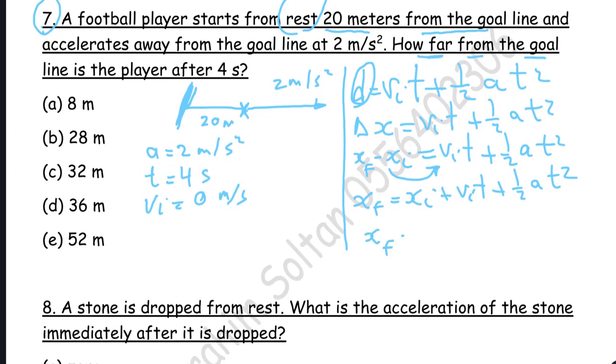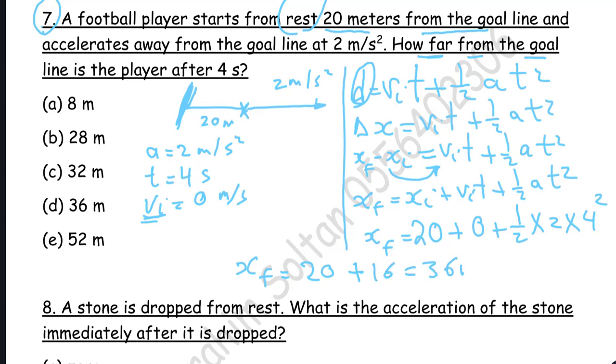X initial was 20 meters, plus v initial t is 0 because its initial speed is 0, plus half times the acceleration, 2, times the time, 4 seconds, squared. So x final equals 20 plus 16 equals 36 meters. Do you have this answer? Yes, 36 meters. I hope it is easy.